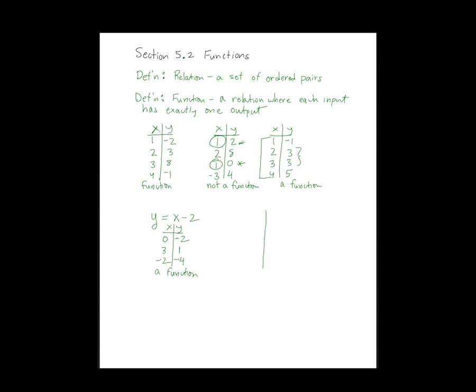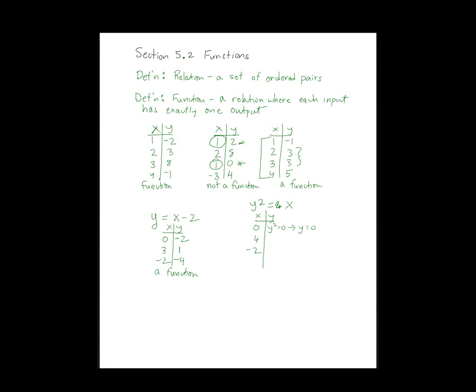Let me give you a slightly different one though. Y squared equals x. Again, I would pick a couple of numbers here. If I plug in 0 for x, I get y squared equals 0, so y would be 0. That's fine. So far we're looking at this one and thinking, yeah, this one is a function.